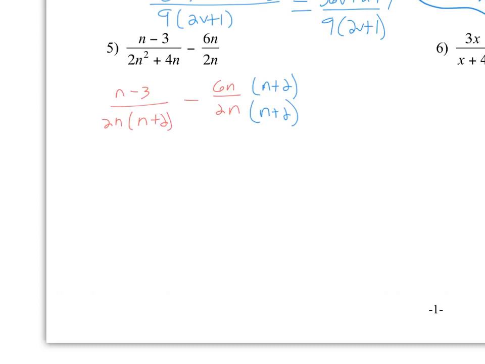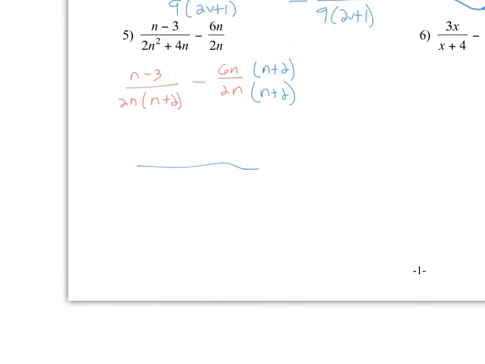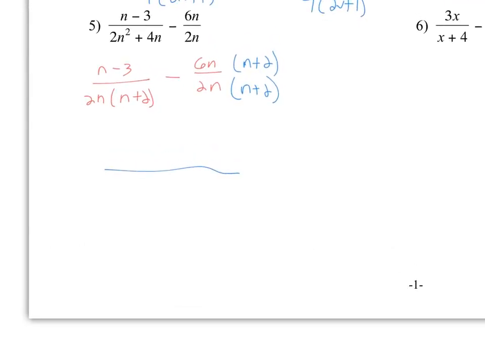So I'm going to clean this up. I've got a common denominator now: 2n times n plus 2, 2n times n plus 2. So when I rewrite this fraction, all I'm going to do is write it with a common denominator of 2n times n plus 2.